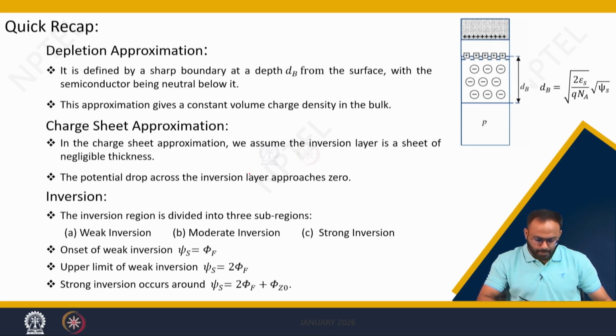Let's do a quick recap. In the last lecture, we discussed a few approximations to simplify our mathematical framework.